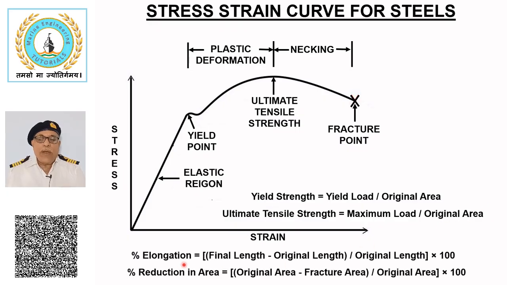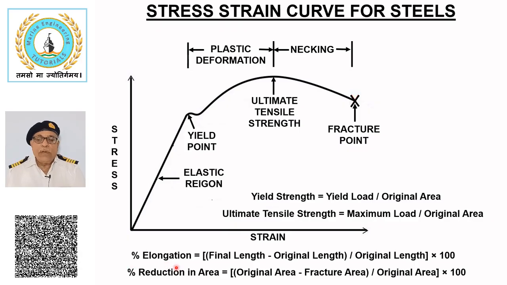Broken specimen is joined to obtain the minimum diameter and distance is measured between reference points to know the elongation. Percentage elongation and percentage reduction in area are measures of ductility of the material which can be calculated by the formula.